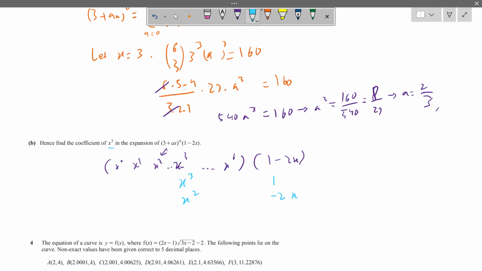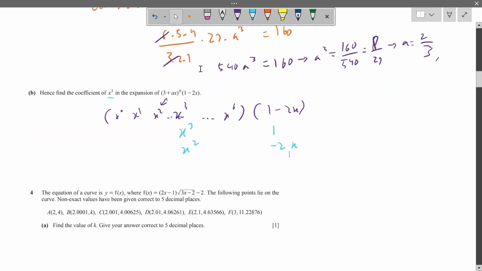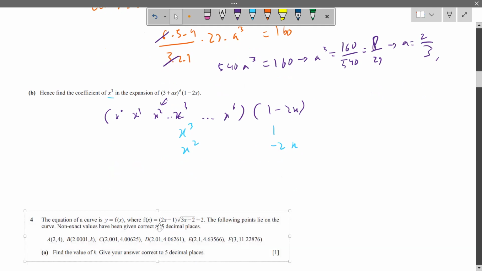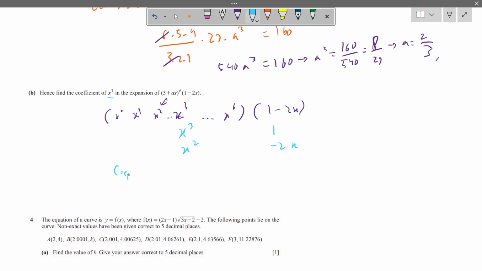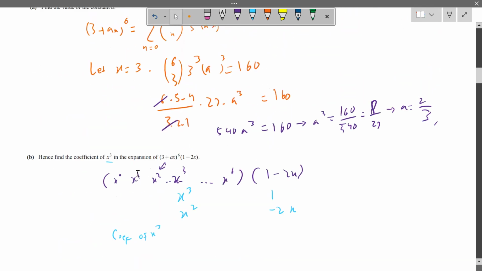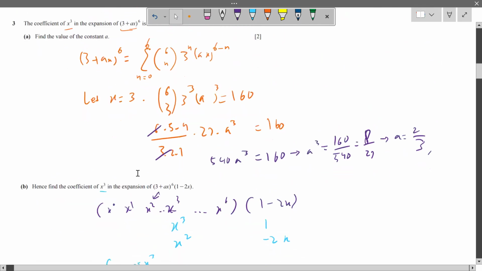So what do we do? We first need to find the coefficient of x cubed, which is given already. So the coefficient of x cubed in the left polynomial is 160.